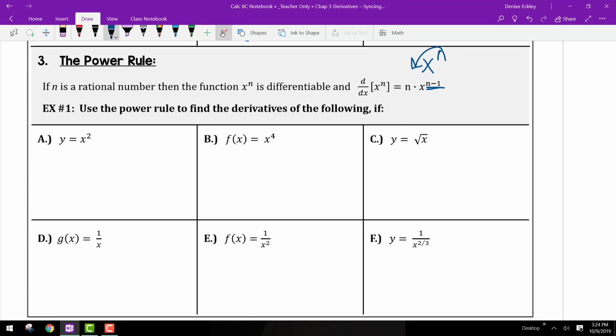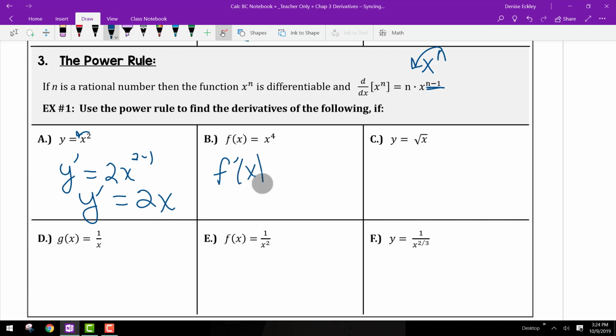So for instance, the derivative of y equals x squared is going to be y prime equals, so I'm going to bring that 2 down, and then I'm going to lower the power by 1. So y prime will be 2x. So for part B, f prime of x, I'm going to bring the power down and then subtract 1 from the power. So I get f prime of x equals 4x to the third.